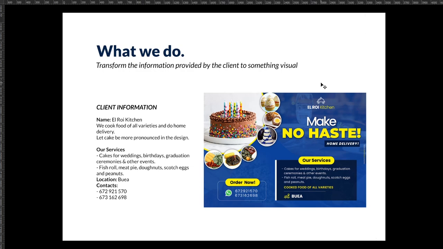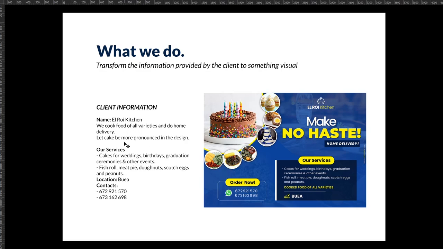Now, we earlier mentioned that graphic design is all about communication, right? You're blending a business's creativity to communicate to our target audience. So you would obviously need information from a business, right? Something like this, information provided by a business. And we want to now communicate this information to an audience in a visual way, right?